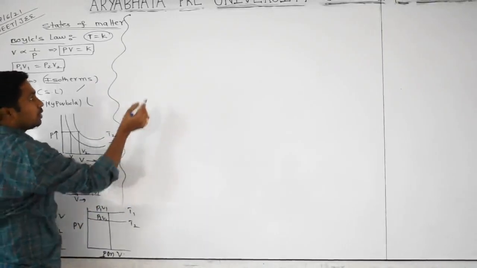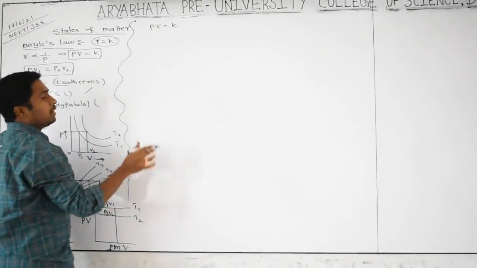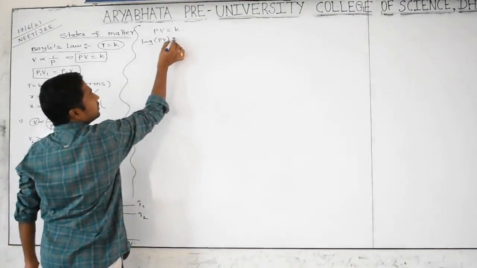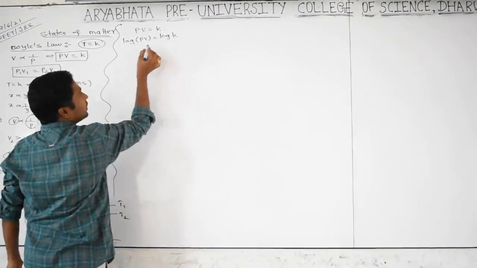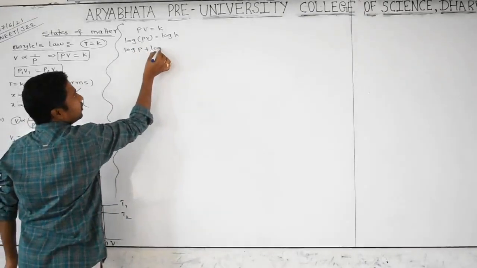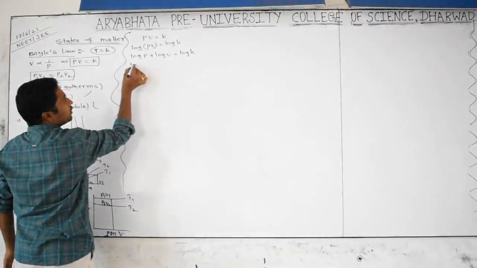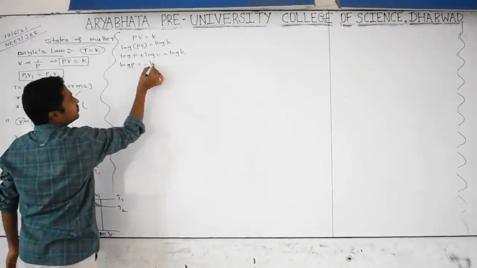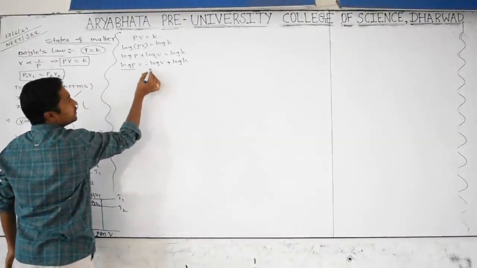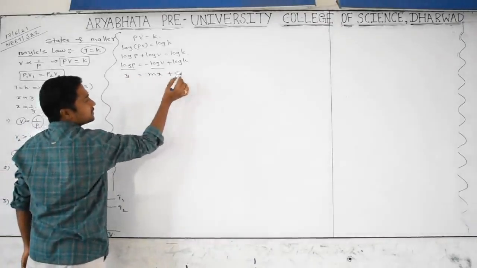Now I will tell you one more graph. PV equals constant. Apply logarithm on both sides: log of PV equals log of K. Log of AB is log of A plus log of B. Then we can write log of P equals minus log of V plus log K. This is changing, this is changing, so it is similar to y equals mx plus c.